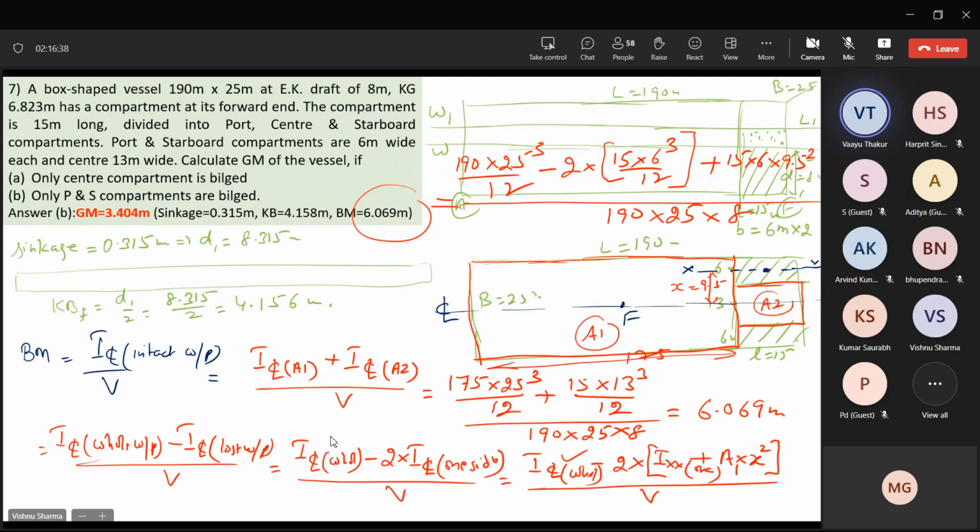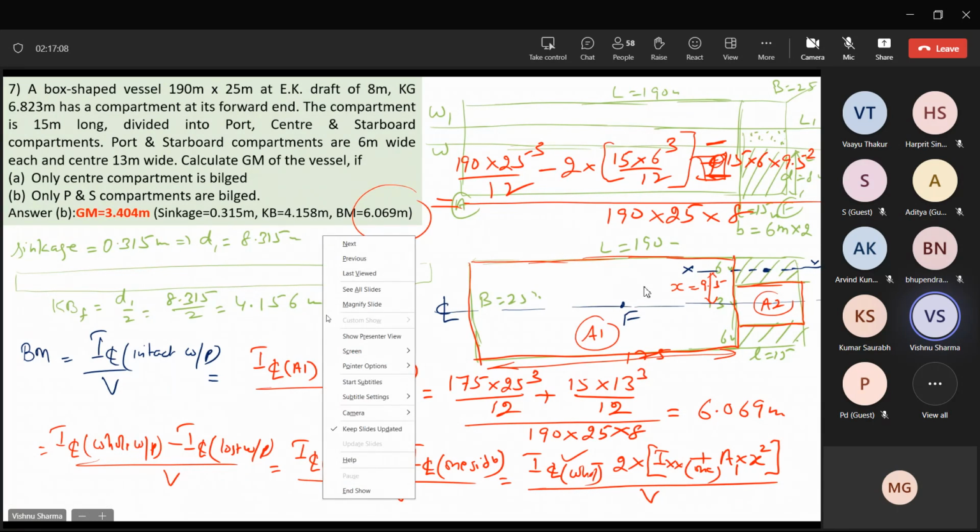Sir, I tried it 3 times, but now it is coming 6.28. No, it can't come 6.28. Try it again. This will also be minus, beta. When you open the bracket, this will also be minus. I hope you have not taken this as plus. That may be the mistake you have made.